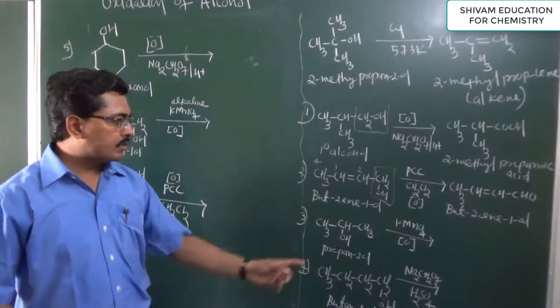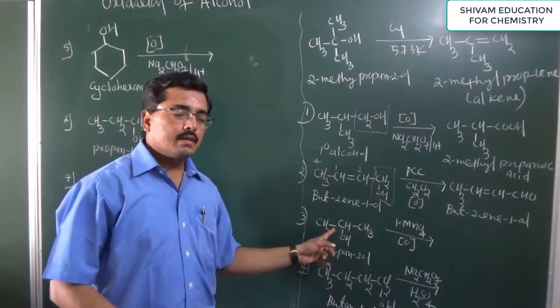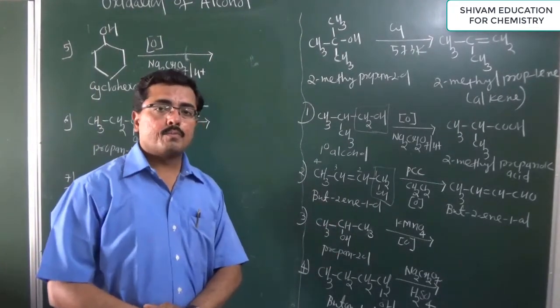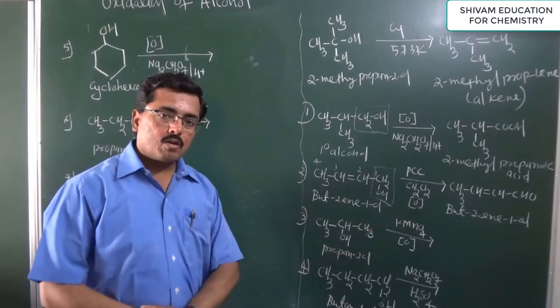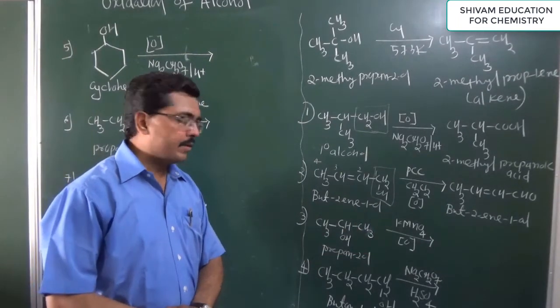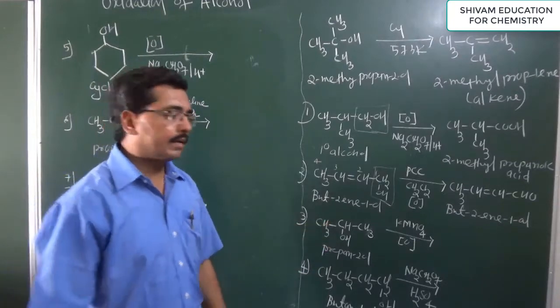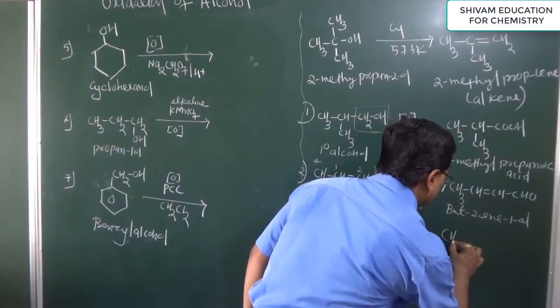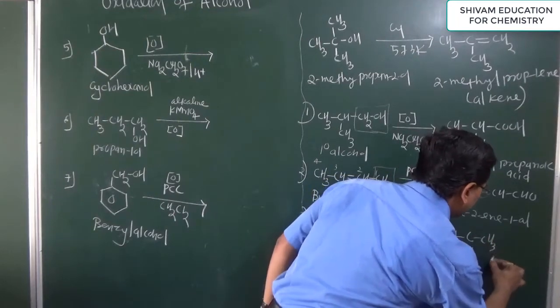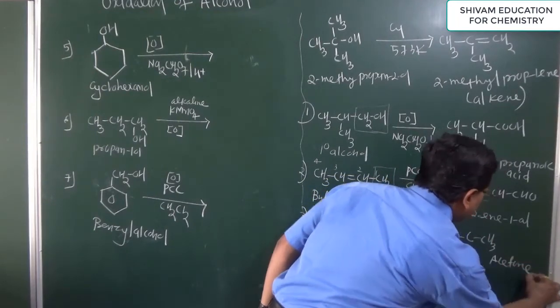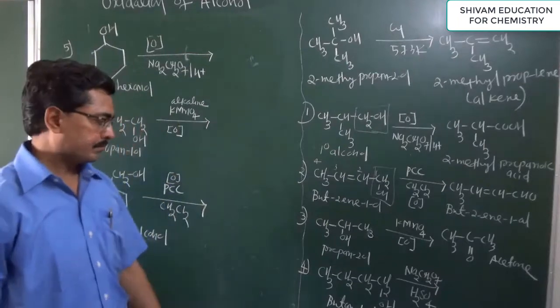Now here the hydroxyl group containing carbon is attached to two other carbon atoms. So propan-2-ol is a secondary alcohol, and we use a strong oxidizing agent, KMnO4. So we get a ketone as the final product, CH3-CO-CH3, and the name of this product is acetone.